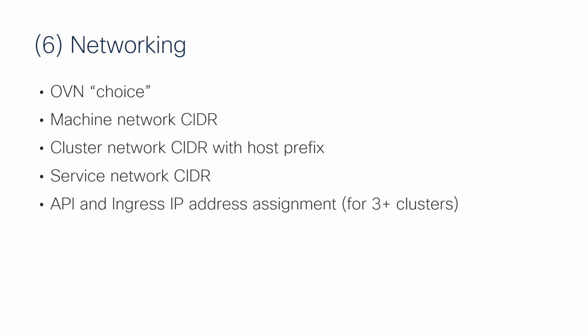In the networking section, you have a so-called choice. You can select OVN. And then you can configure your machine network CIDR, so the IP subnet for the Kubernetes cluster nodes. You can configure your cluster network CIDR, so for the pods, and service network CIDR for Kubernetes services.